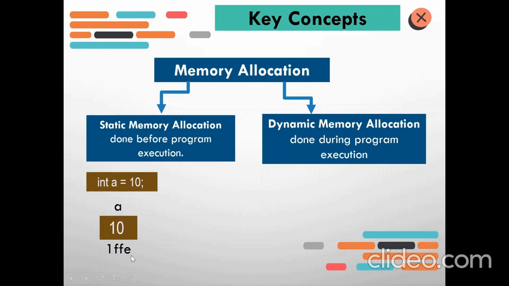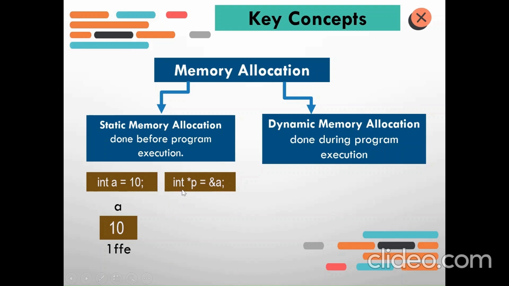You can obviously take any value for the address for understanding or referencing purposes, right? So I'm saying that this a has been declared at the 1FFE location in the memory, and a value of 10 is stored at that location, right?